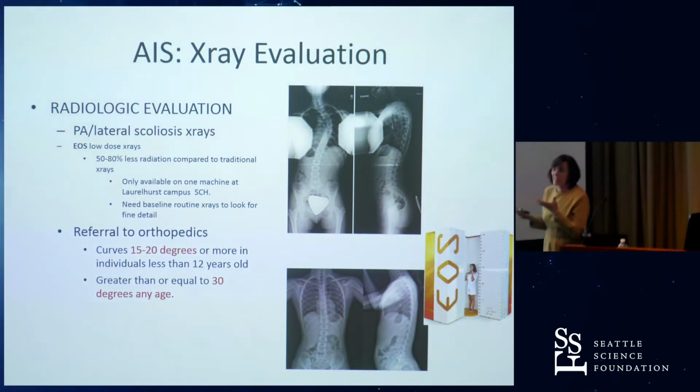It is at least 50% less than standard conventional X-rays, and maybe as low as 20%, depending upon what you're comparing it to, whether that's conventionally obtained X-rays versus digital X-rays. And in this population, where you may be getting a number of X-rays over the growth of that child, I think that's something to be considered.